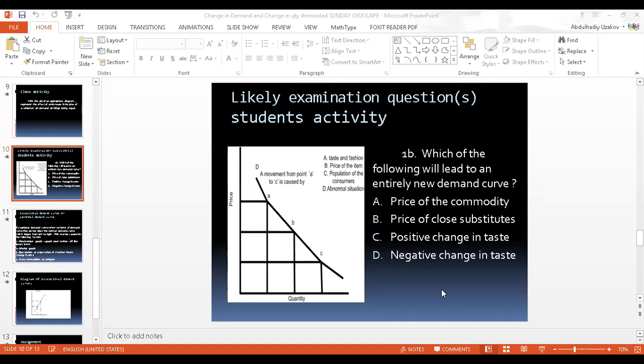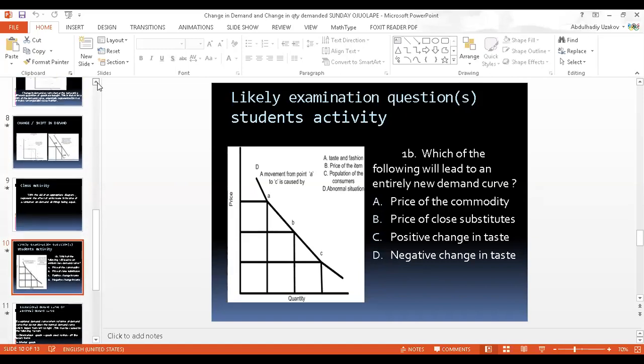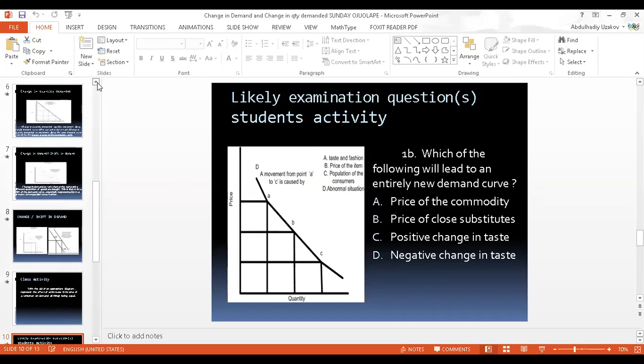Now, from my own observation, from what every one of us can see, it is simply a movement along the same demand curve. Now, I'm not going to answer this question directly now. Let me just take you back to one of the things that we have looked at today.